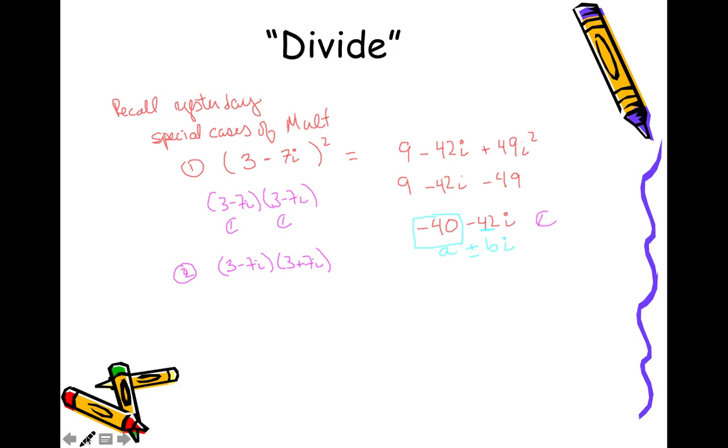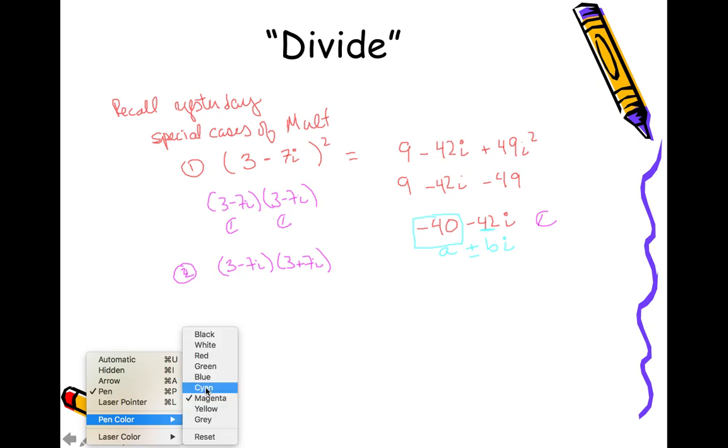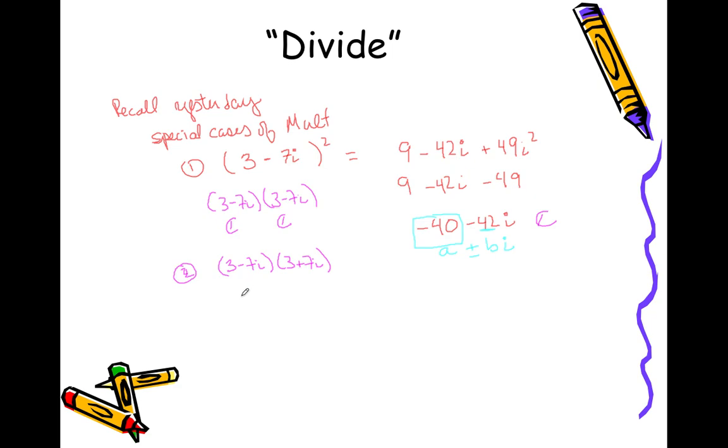However, yesterday we recalled another Algebra 1 pattern, that when you have these two terms that look exactly alike except for the signs, what's going to happen is you're going to get 9 from 3 times 3, but then you're going to get -21i and +21i. That's going to cancel out. Then you're going to multiply the -7i times the 7i, and you're going to get -49i squared.